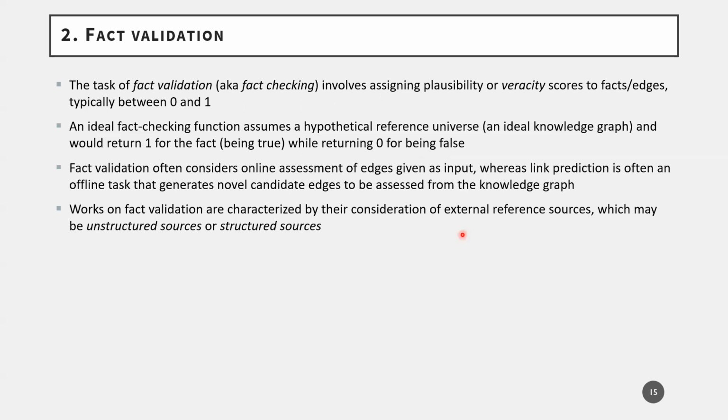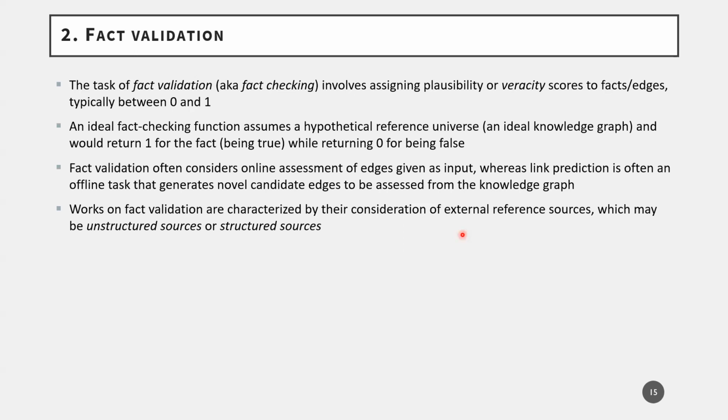The task of fact validation, or fact checking, involves assigning plausibility or veracity scores to fact edges, typically between 0 and 1. An ideal fact-checking function assumes a hypothetical reference universe, an ideal knowledge graph, and will return 1 for the fact being true, while returning 0 for being false.